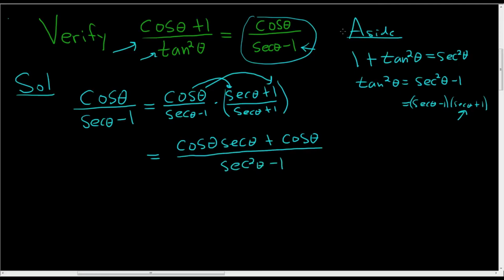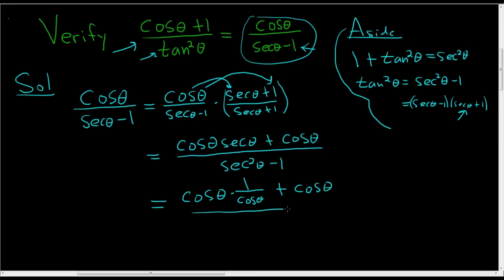Difference of squares. We worked it out on the side, not part of our solution. This is equal to cosine theta times 1 over cosine theta, right? Secant theta is 1 over cosine theta, plus cosine theta, all divided by secant squared minus 1, and that's tangent squared. So we have that part. That part's good. And it looks like we have the other part as well.